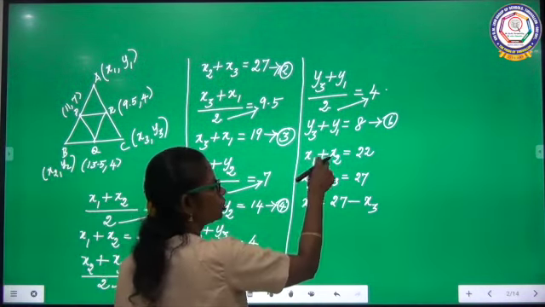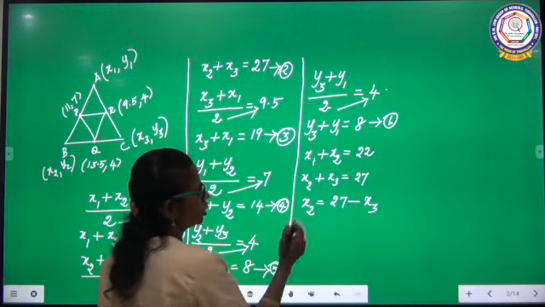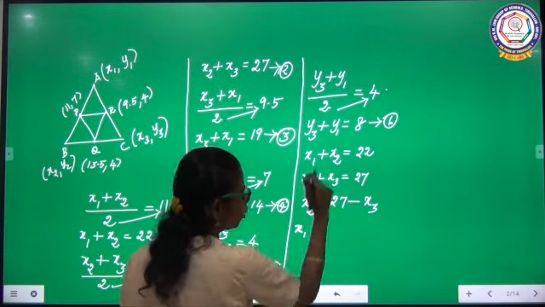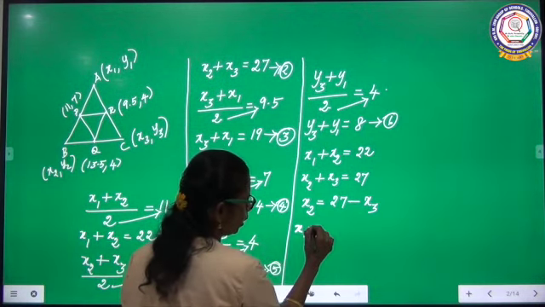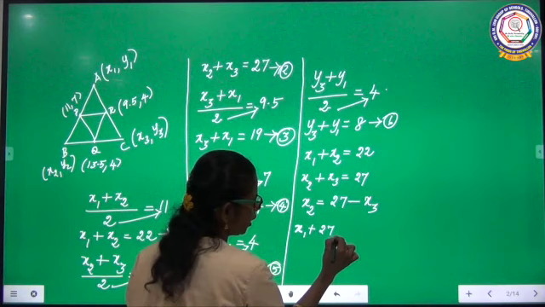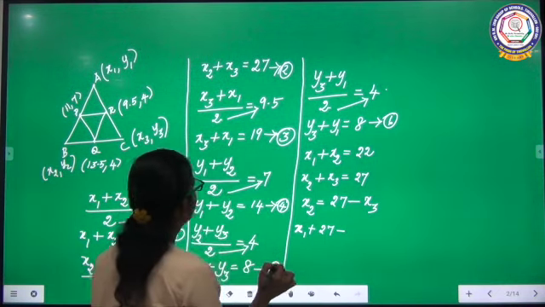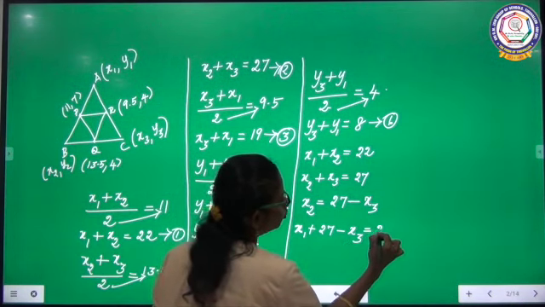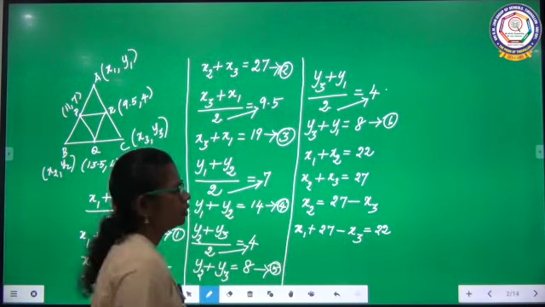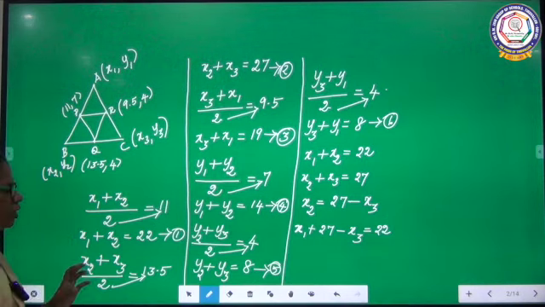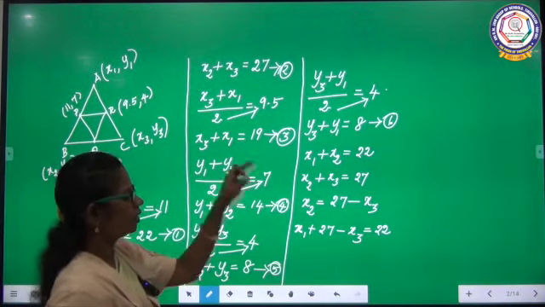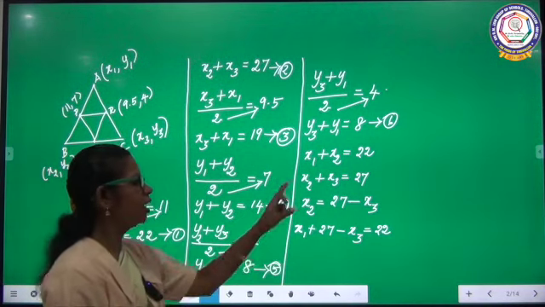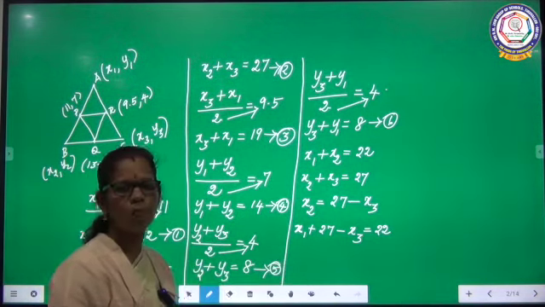This one you are going to substitute in the first equation. x1 plus 27 minus x3 equal to 22. Listen, I took first equation and second equation. The second equation I kept only x2 in the left hand side. The x3 I shift to the opposite.